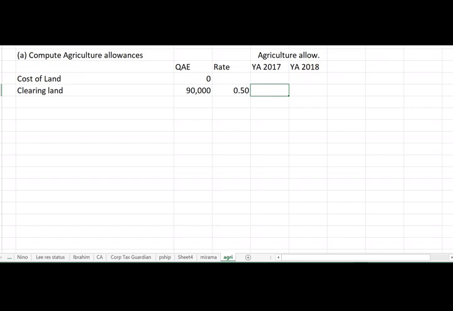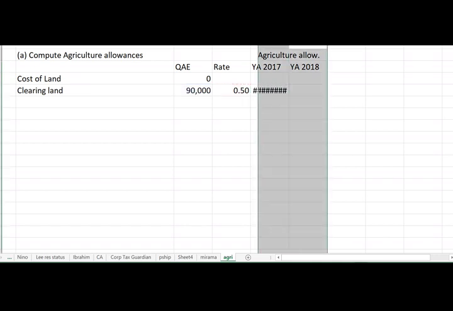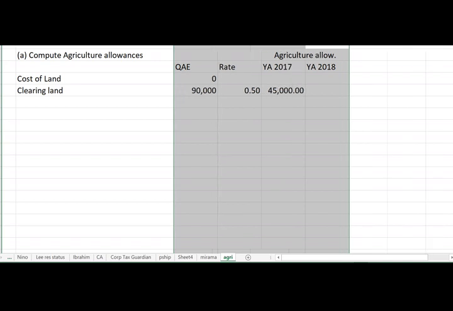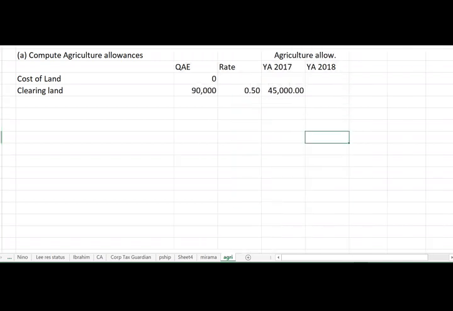You either put as decimal or you want to show it as percentage, then you just set formatting and convert it to percentage. Now, then your answer will be equals to the 90,000 multiply with the rate. Then you get 45. Okay? Just resize the column a bit, then you can show the figure. Alright? So you've got 45,000, 45,000. Okay, now, and can you now try the rest?